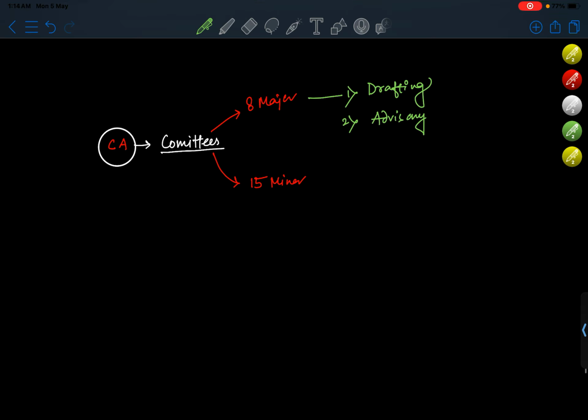Now, in the drafting committee, Dr. B.R. Ambedkar was the chairman, as you all know. Now you should remember all the members of the drafting committee.